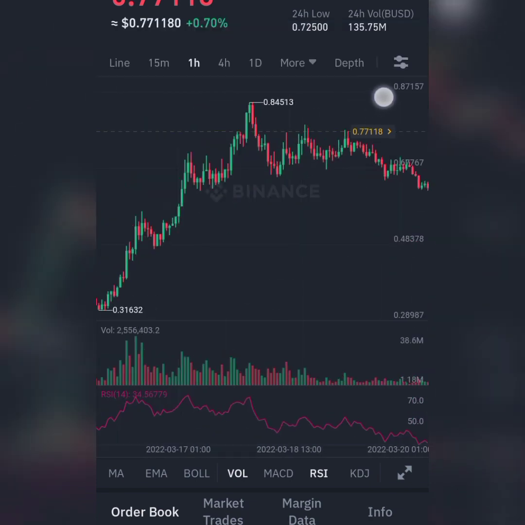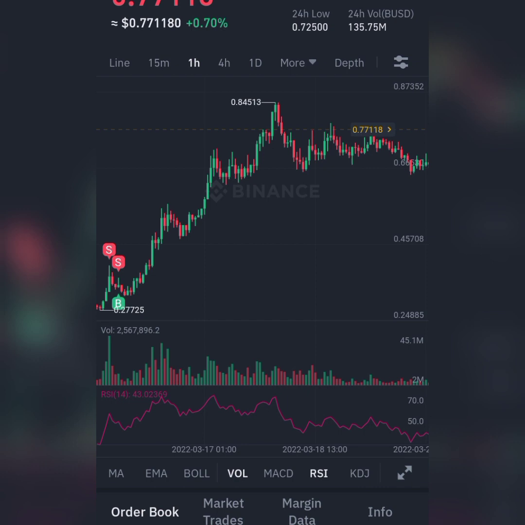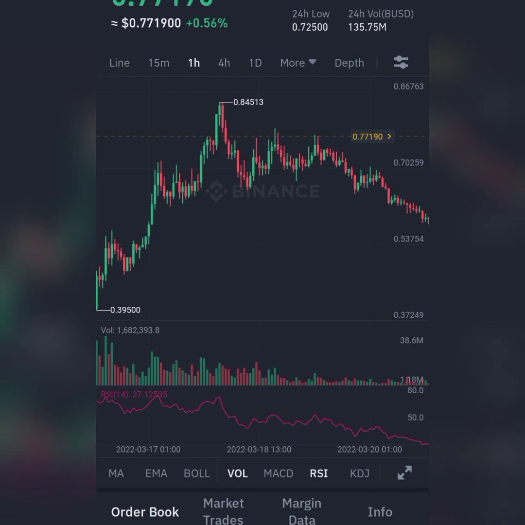Now the reason why trend reversals are very important for day traders is because they enable them to make so much money. Now I'll tell you a secret. Most of the money made in the financial market comes from trend reversals. Most of the big guys come from trend reversals.